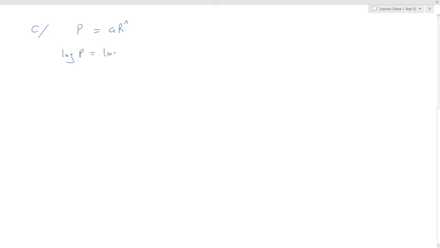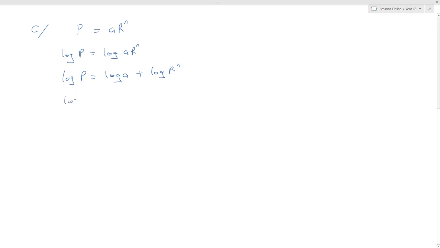is equal to log of A R to the power of N. And then we can simplify this part using the addition law. So log of P is equal to log of A plus log R to the power of N. We can simplify this further using the power law.